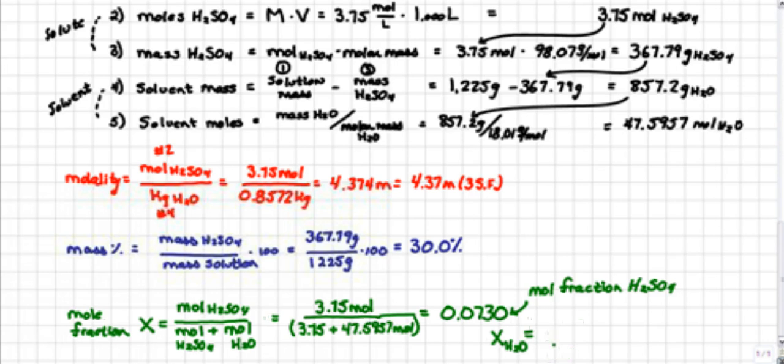And so if we want the mole fraction of water, all we need to do is subtract the mole fraction of the sulfuric acid from 1 to get 0.927. 0.927 is the mole fraction for water. And combined with the mole fraction for sulfuric acid, the two add up to 1, as they are supposed to.